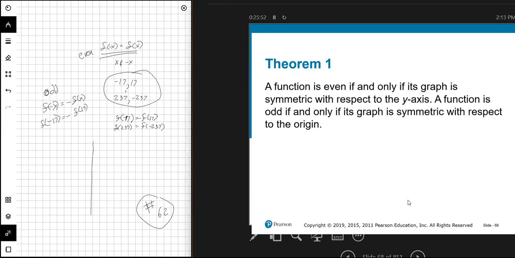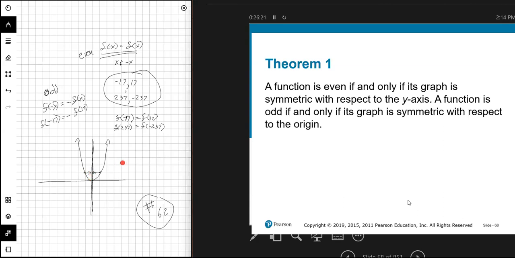So if we look at x squared, if you remember from algebra, it is symmetric with respect to the y-axis. So this point here and this point here are mirror images of each other. That means they're the same distance from the y-axis.